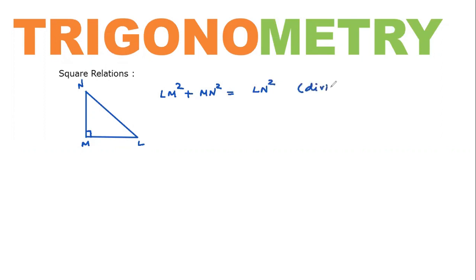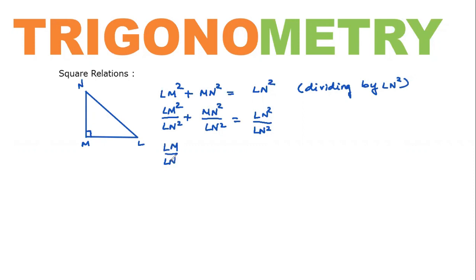Dividing both sides by LN squared, we get LM squared upon LN squared plus MN squared upon LN squared is equal to LN squared upon LN squared. So (LM upon LN) whole square plus (MN upon LN) whole square is equal to 1.